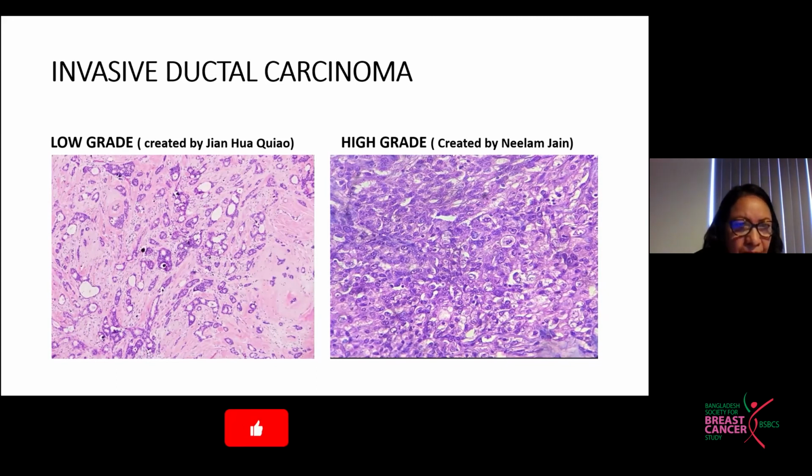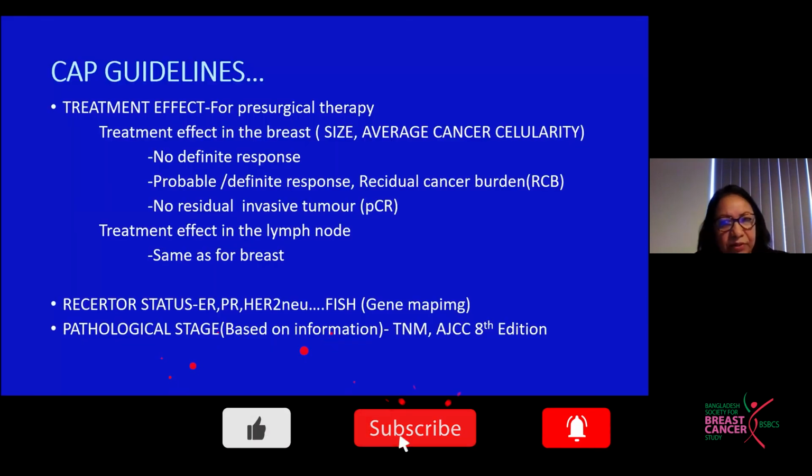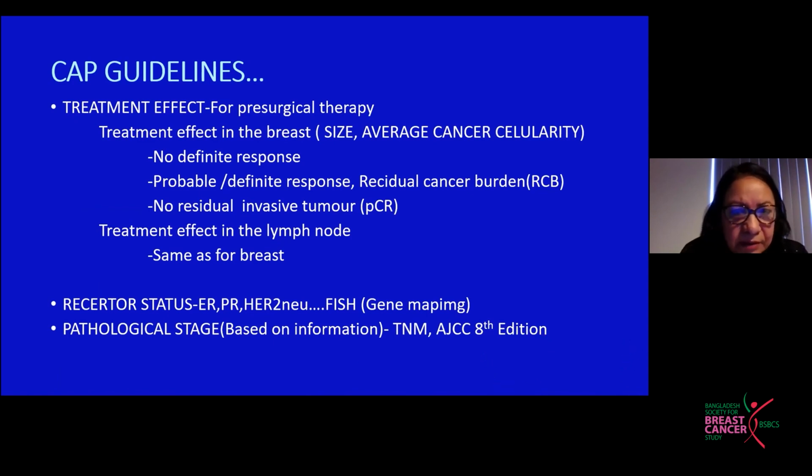So another point, which is very, very important nowadays for synoptic reporting, is the treatment effect, which the surgeons, radiologists, radio-oncologists and medical oncologists need to know from us. So for treatment effect of breast cancer, we have to determine whether there is any treatment, because in most cases we are getting more and more resected specimens, post-neoadjuvant specimens.